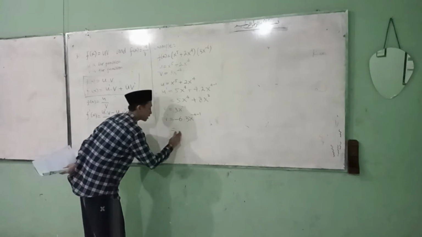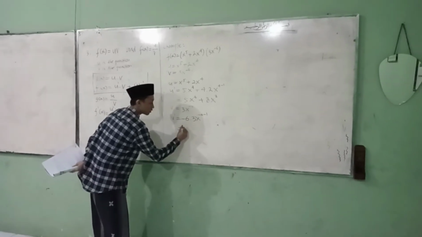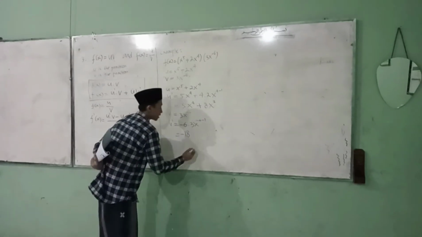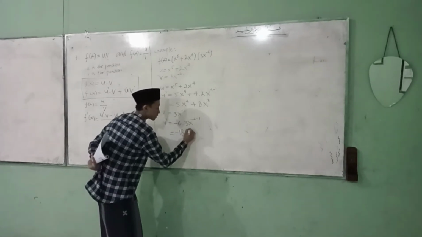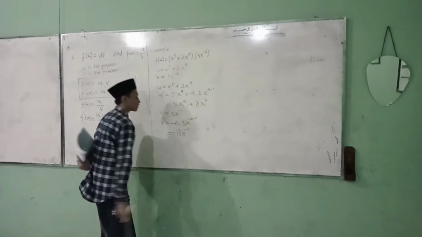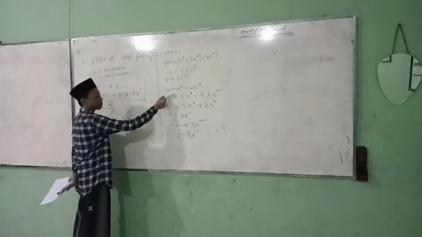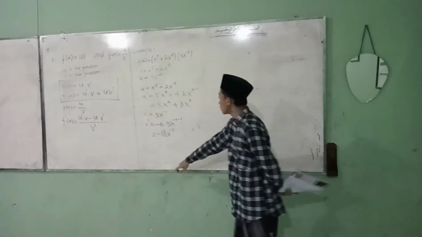Then we have the result: negative 6 times 3 is equal to negative 18. Yes, that's right. Negative 18 times x to the power of negative 7. Okay.